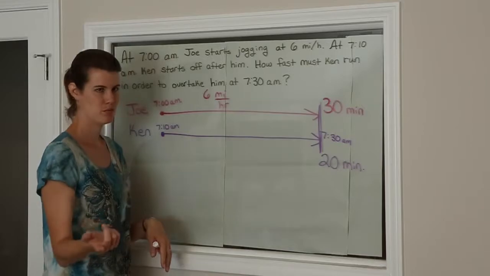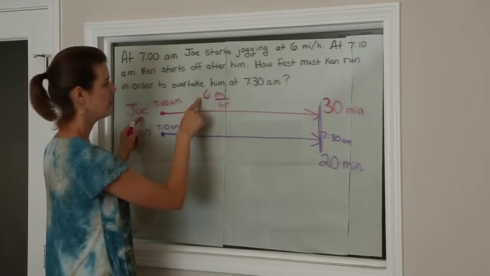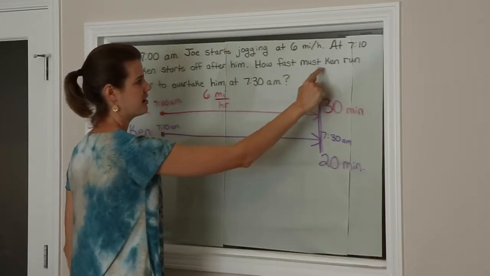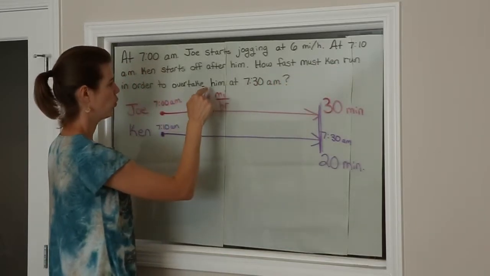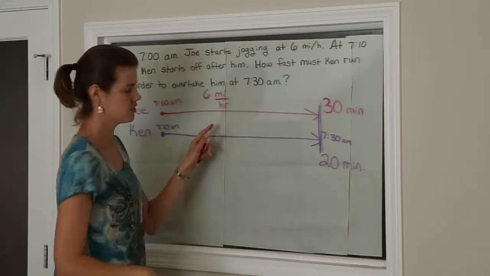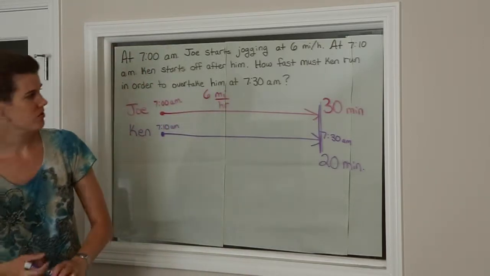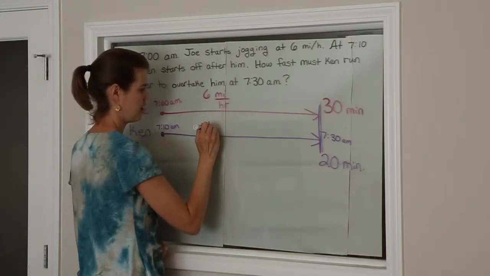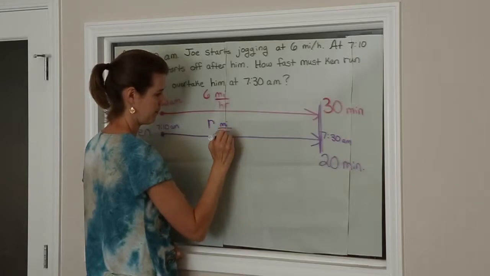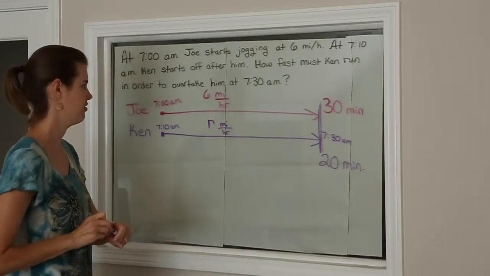But we only know one of them's rate. Joe went 6 miles per hour. We're trying to find Ken's rate. How fast must Ken run in order to overtake him at 7:30 a.m.? So Ken's rate is our question mark. So I'm going to use R for rate. Miles per hour. Notice that your units are different.